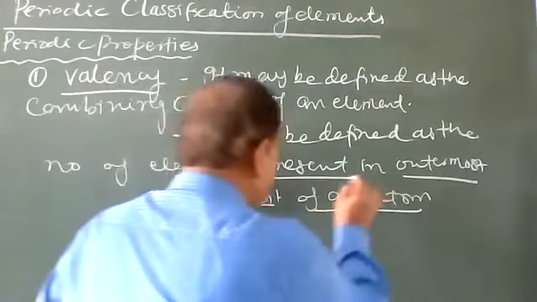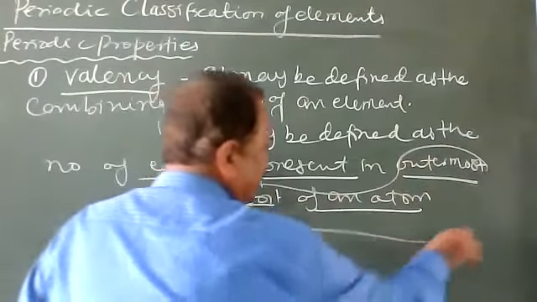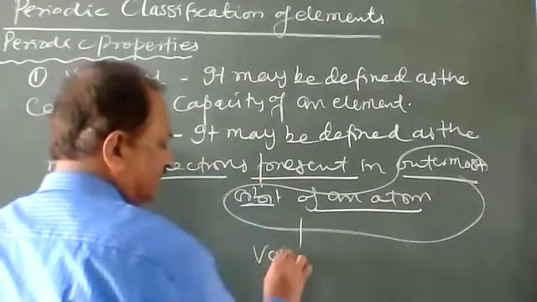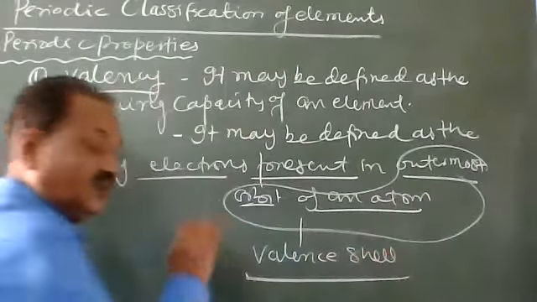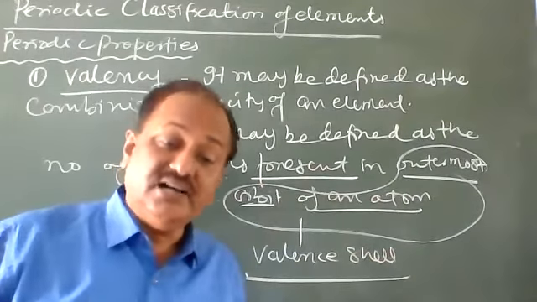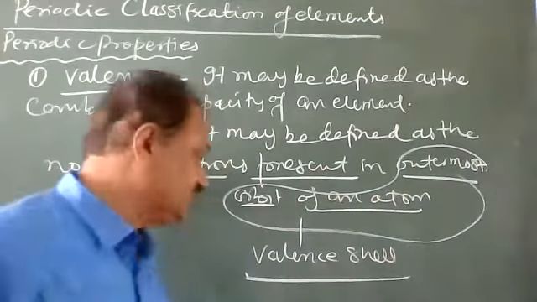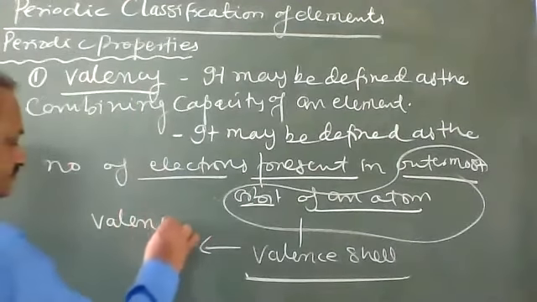So the number of electrons in the outermost orbit, which is called the valence shell. Valence means last, outermost, and that's why there is valency.